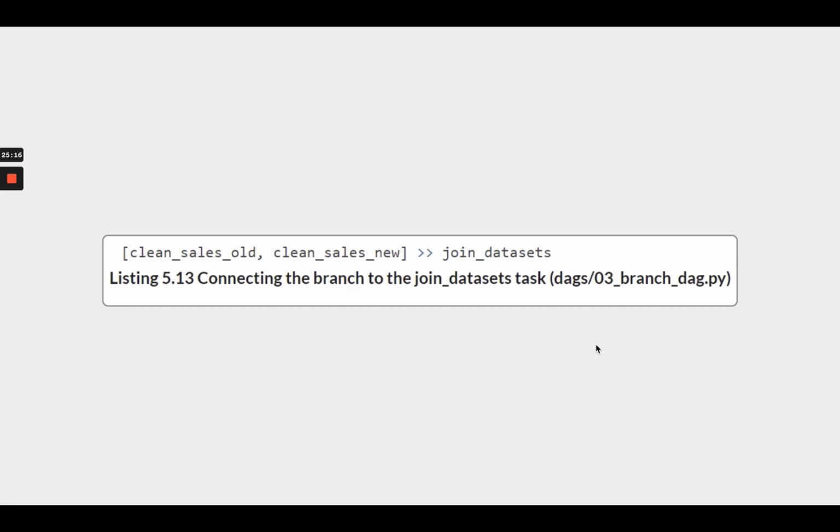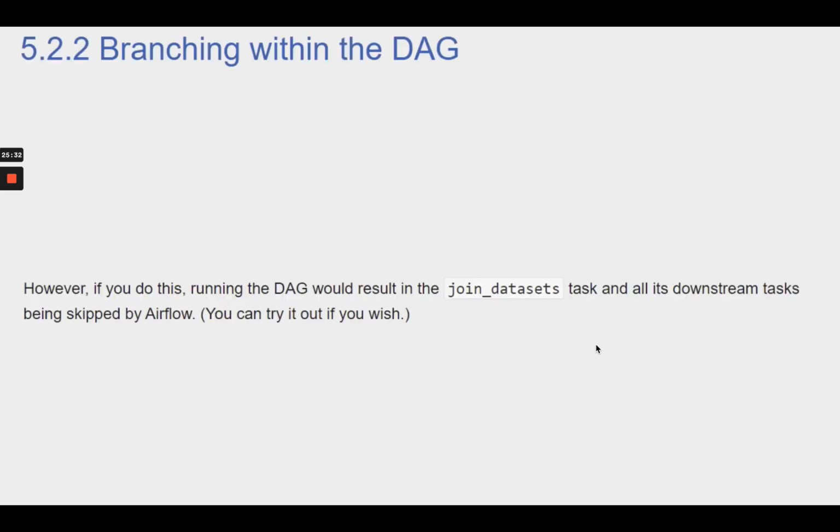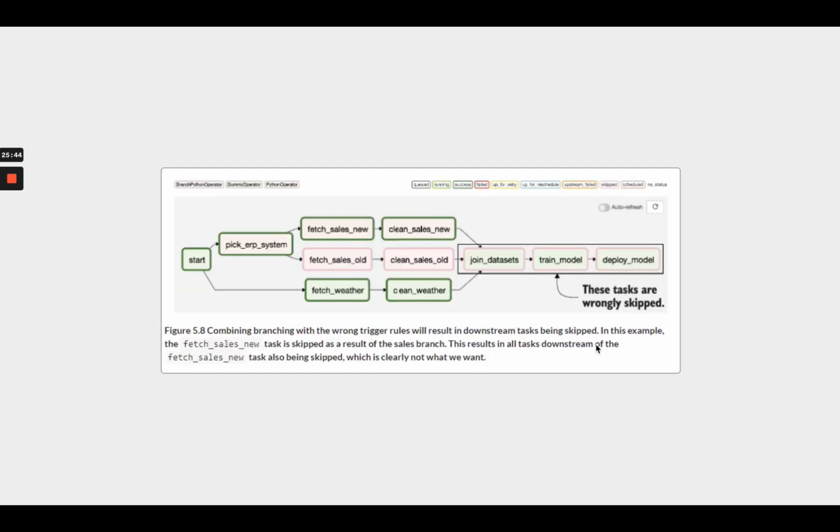Similarly, you might expect that connecting the two cleaning tasks is as simple as adding a dependency between the cleaning tasks and the join_datasets task, similar to our earlier situation where clean_sales was connected to join_datasets. However, if you do this, running the DAG would result in the join_datasets task and all its downstream tasks being skipped by Airflow. You can try it out if you wish.